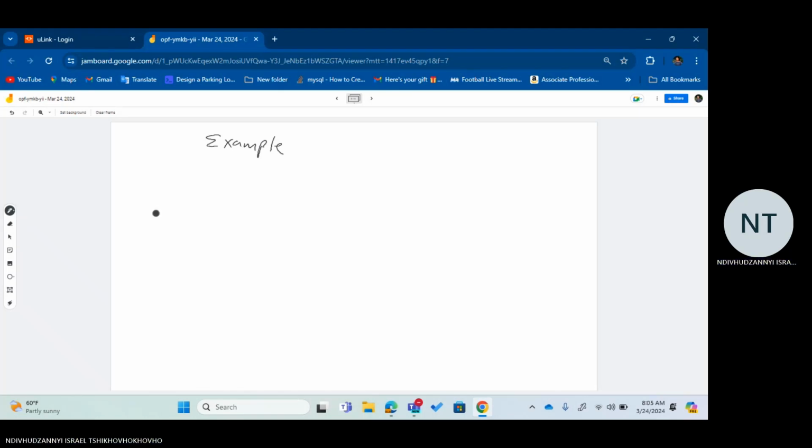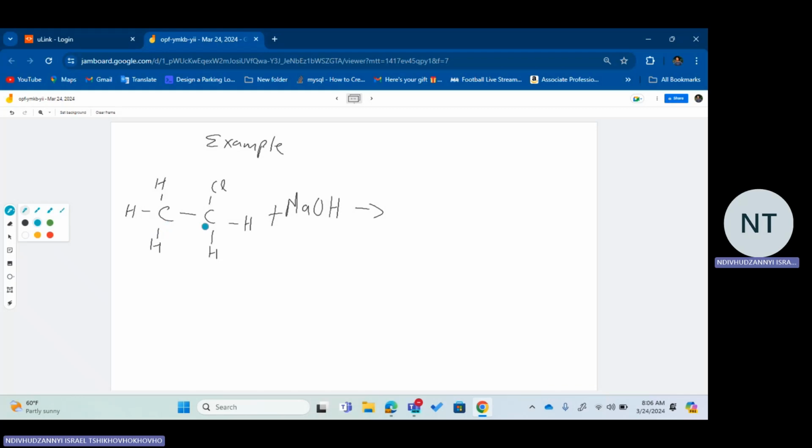So here we have a haloalkane. Then we add our dilute strong base to form alcohol. So here we're not reducing any number of H atoms or the number of molecules that you have, but we're just replacing, right?